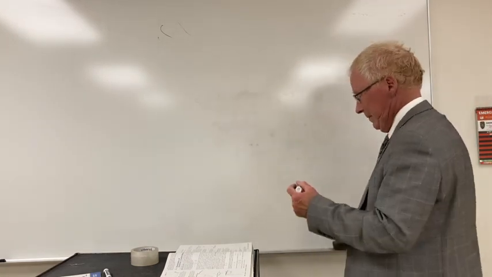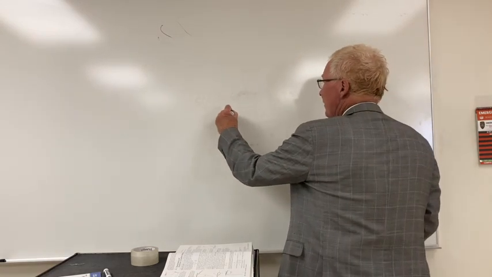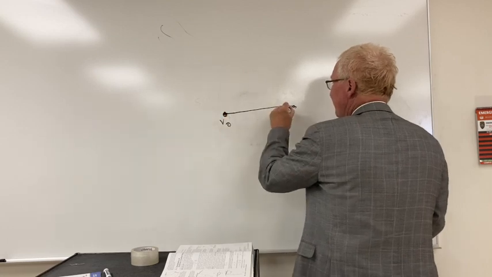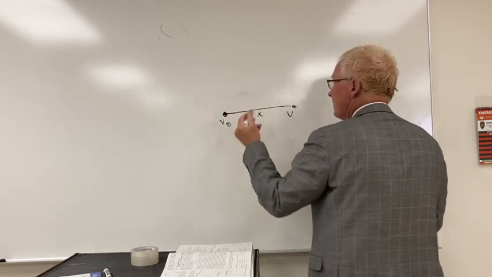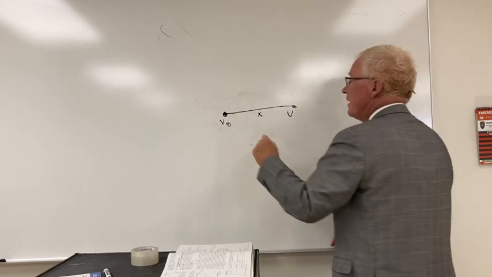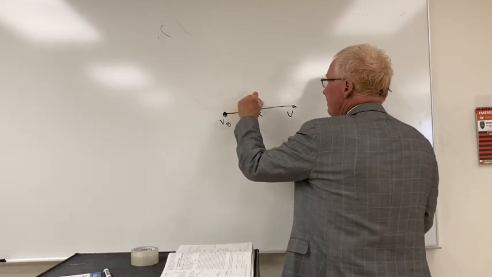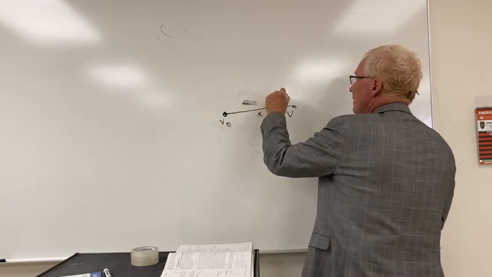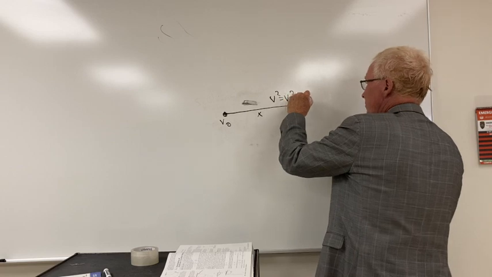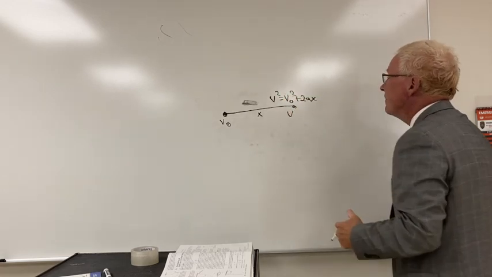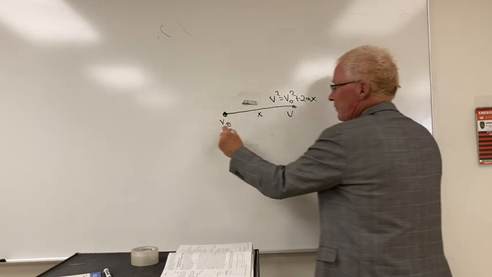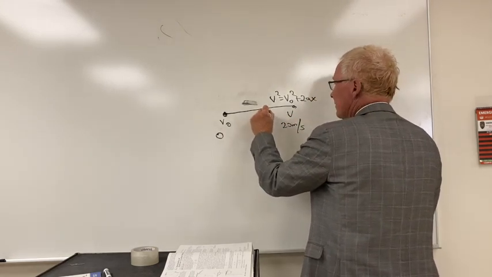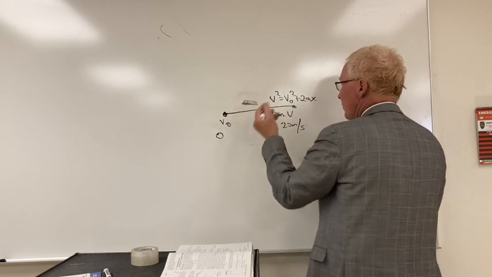What we have here, when we have linear acceleration, so when we go from v naught to v in a distance x, then the expression is v squared equals v naught squared plus 2ax. In this case, we start from 0 to 20 meters per second, and x is 40 meters. What's the acceleration?